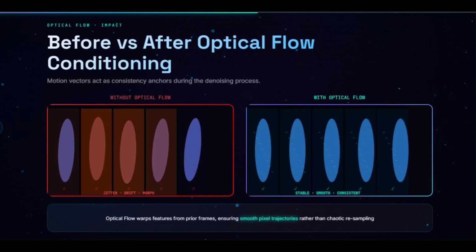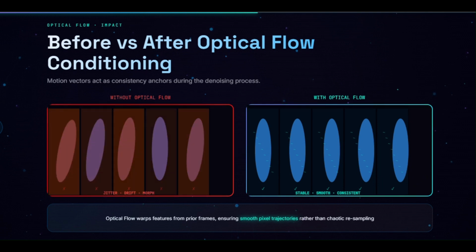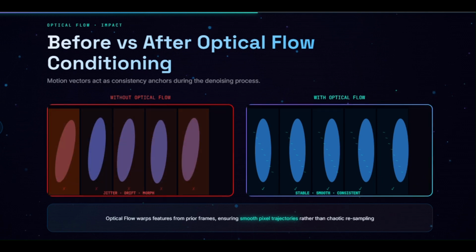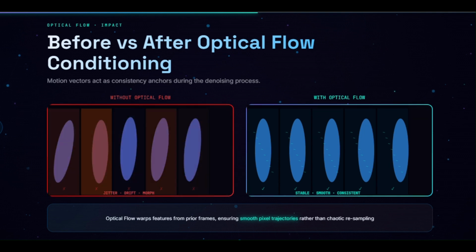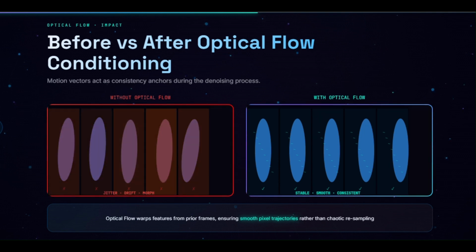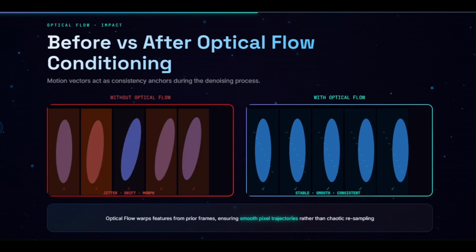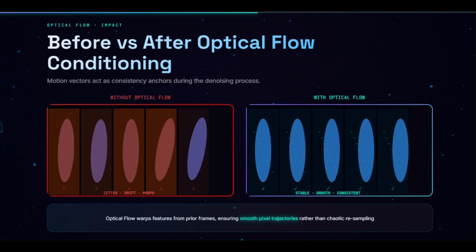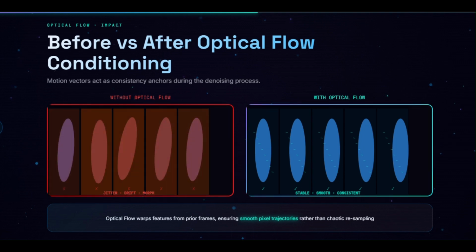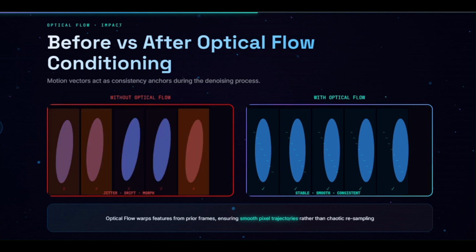Here we can see the impact of optical flow. Without optical flow, the model generates frames with limited understanding of previous motion. Objects can jitter, characters can warp, motion can become unstable.